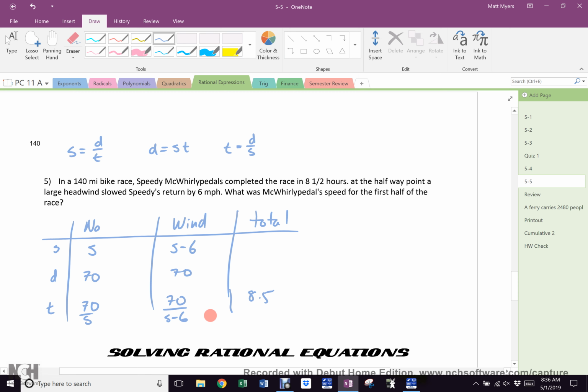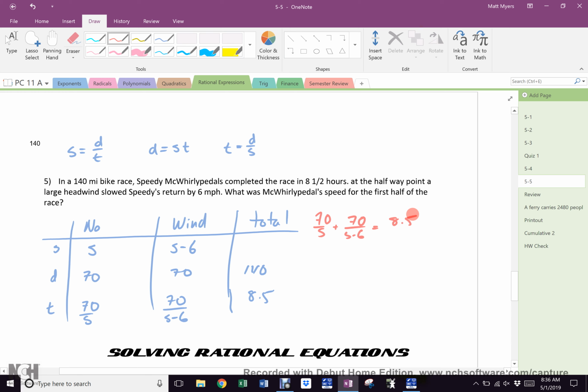And where is our row that has everything? Down at the bottom. 70/S + 70/(S−6) = 8.5. And of course you would solve it, yes?